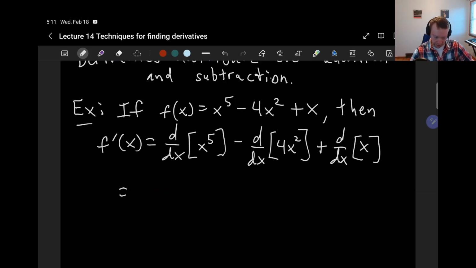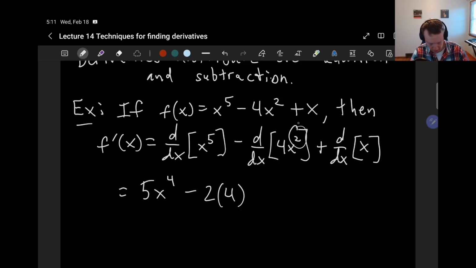You bring the 5 down times x to the 4, taking 1 away from the 5. Maybe I'll show a little more work here. We're multiplying the coefficient of 4 by 2 because that 2 is the old power. Times x to the first, or just x.